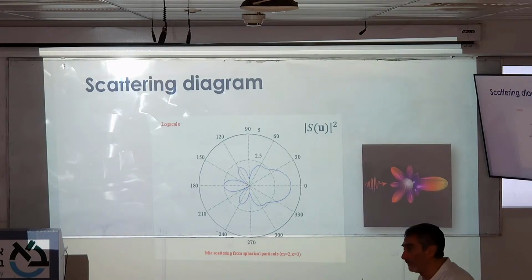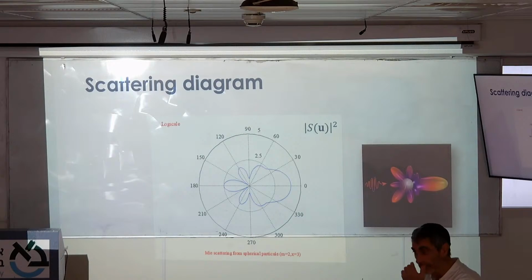I'm not sure if I understood correctly. So S depends only on theta and phi, and this is the probability diagram of which direction the particle will scatter after scattering. There's no particle in that case. It is light.